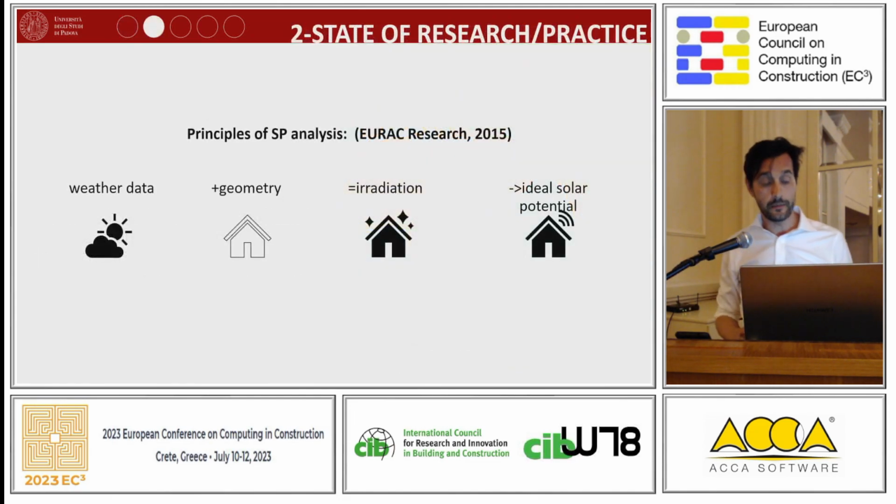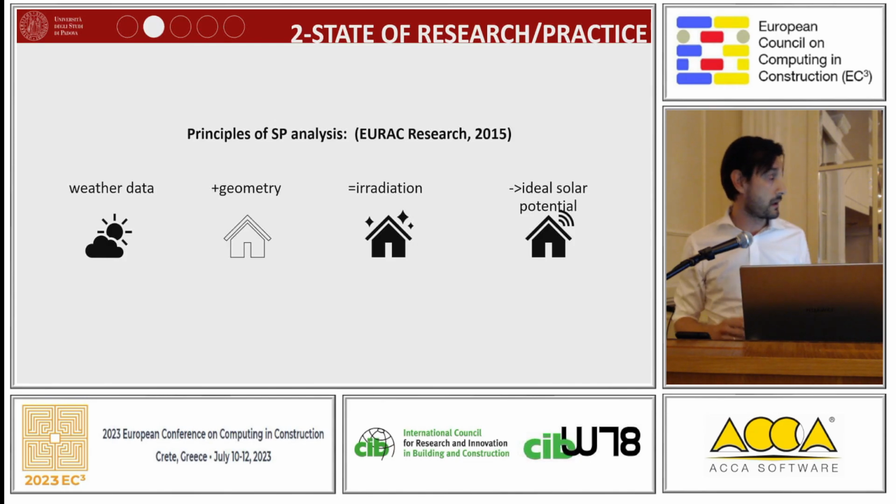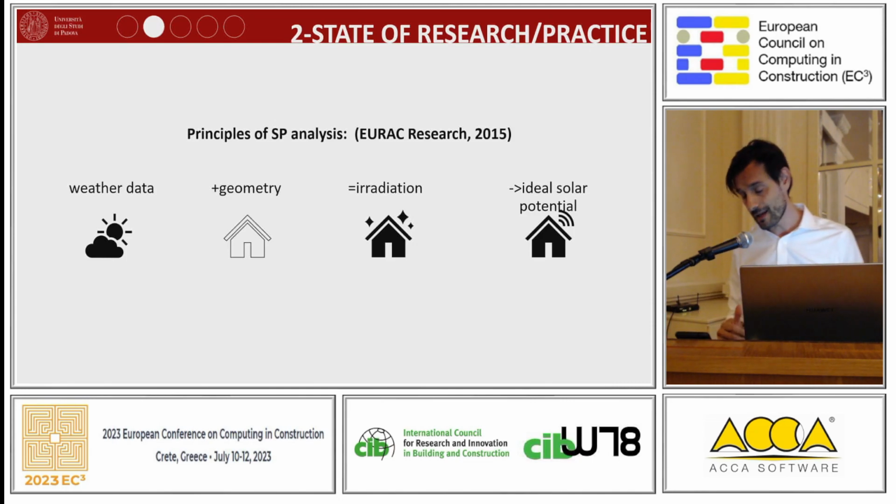So the principles of solar potential analysis, as stated in previous research, are quite simple. So starting from the weather data and using the geometry of models, simplified or detailed models that we can get from different data sources, we can obtain the irradiation potential, and related to the irradiation potential, we can calculate the ideal solar potential.